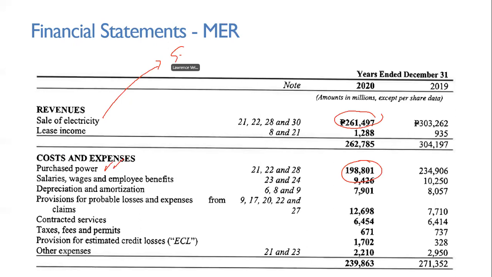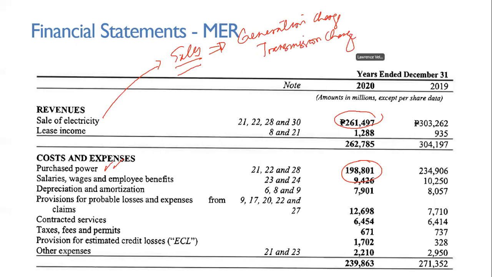Sa sales ng Meralco, nandoon yung tinatawag na generation charge, transmission charge, and distribution charge. In the Philippine power sector, iba-ibang kumpanya ang gumagawa niyan. Okay? Meralco is a distribution company.